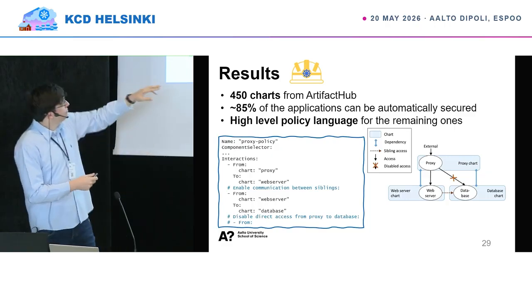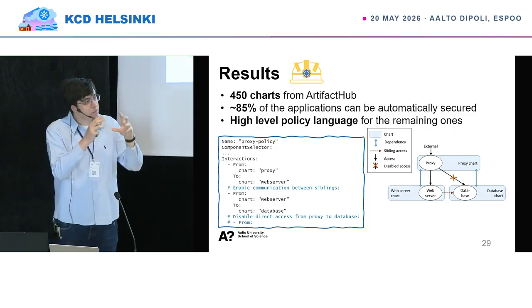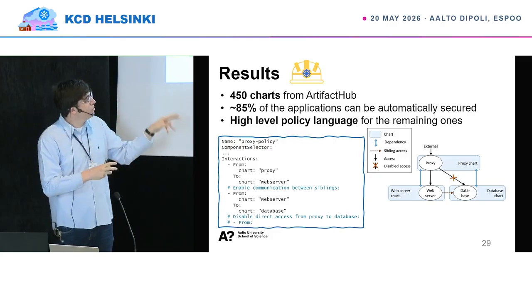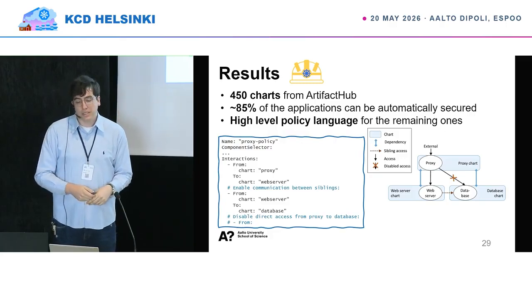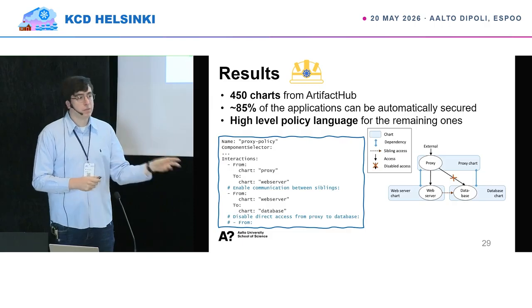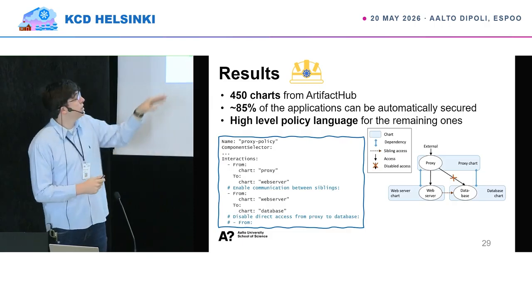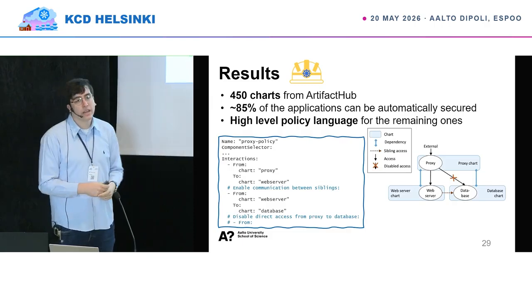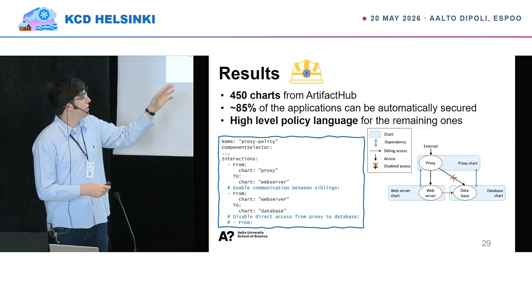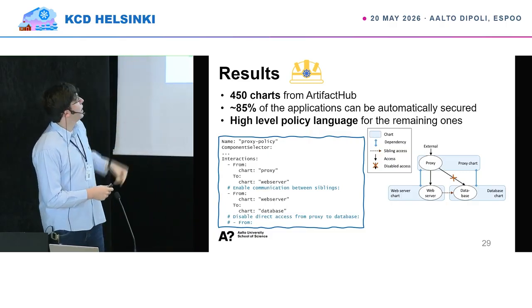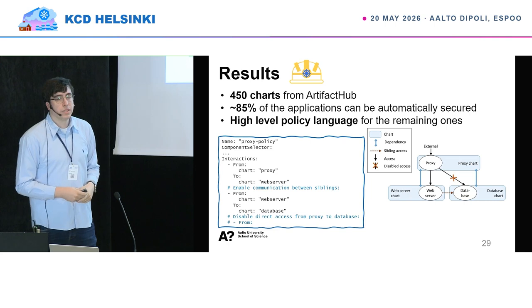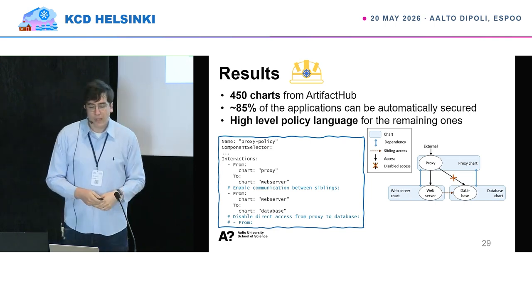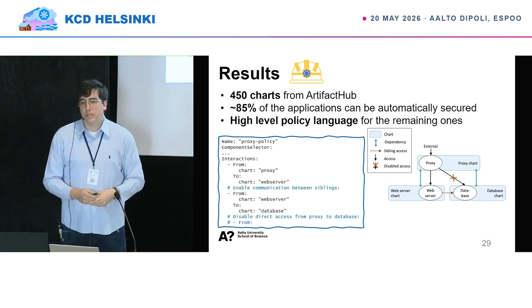So if you have an application where the main application is the proxy, and the web server and the database are the dependencies, then you want to allow, for example, the web server to access the database. This is a connection that by the hierarchical view we will not allow. But in this case, we can just edit the file and say this part can connect with this part, and that's enough. This was the second piece of our research journey.